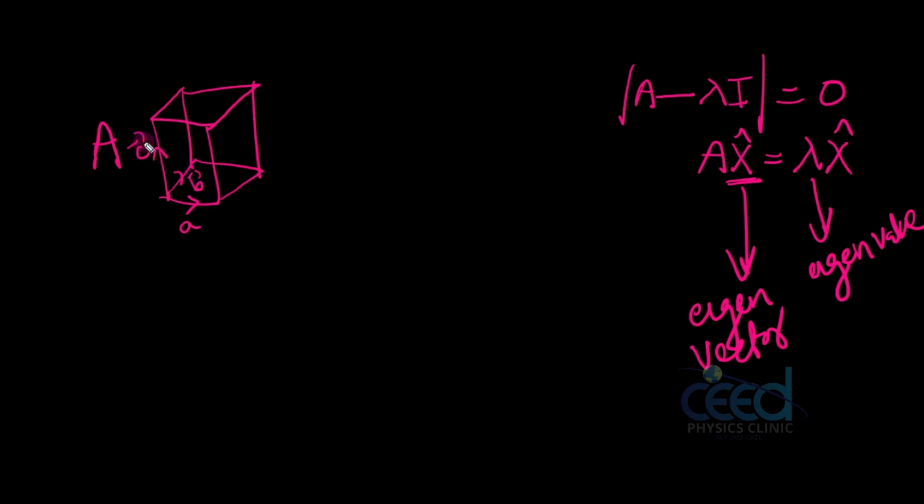When this particular matrix operator is working on this three-dimensional box, what is going to happen? The size of this cuboid will change without changing the direction vectors. The magnitude of the direction vectors may change, but the direction does not change.